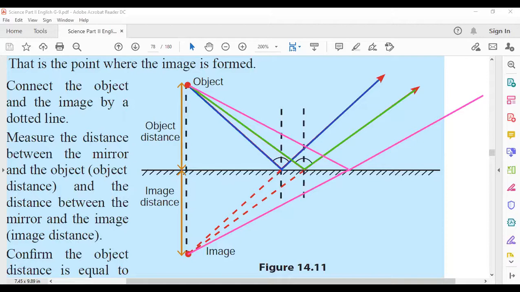Check it carefully. Okay, it's up to you. Okay, 3.4. So what about the image distance?